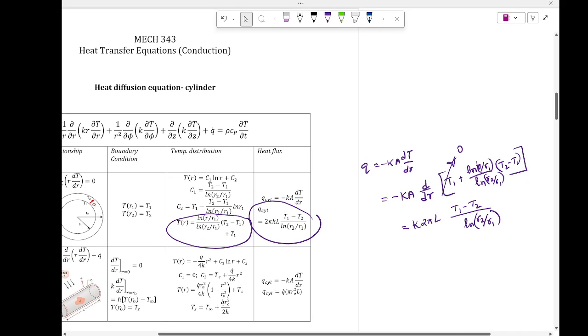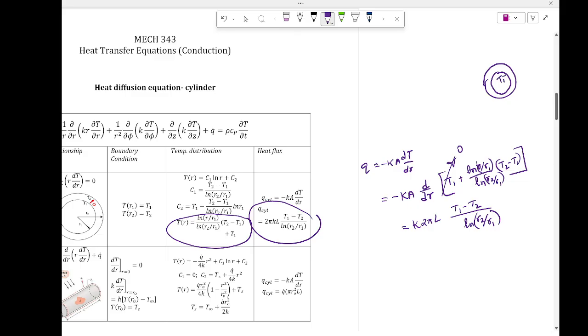In the problem, that's the assumption they made: T1 inner surface and T2 outer surface. In my problem, I used Ti as T1 and To as T2. Do you guys remember that? Inner and outer surface? Matt, you're good? Is there any question here?